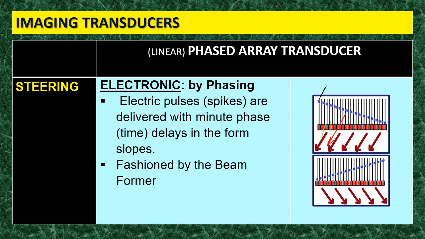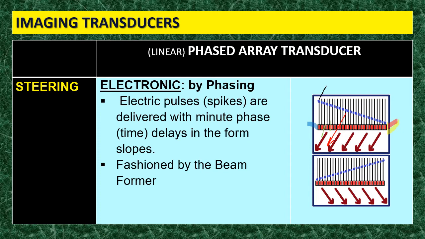So the first one to arrive is this one, and the last to arrive is this one. So it starts from here and ends here, and the active elements are sent in a slope pattern. So this is the slope pattern.